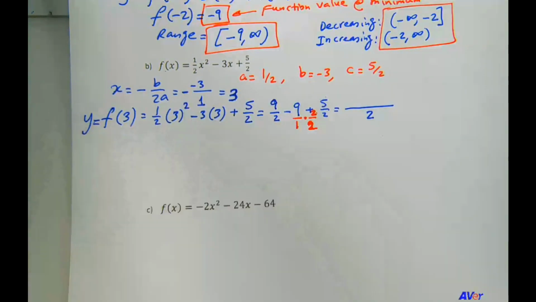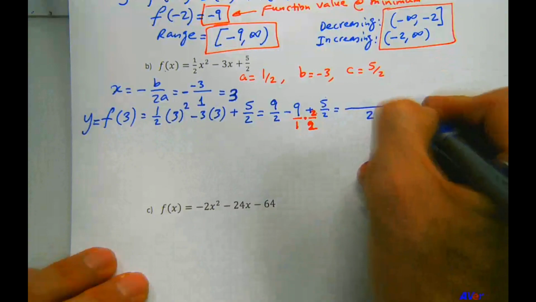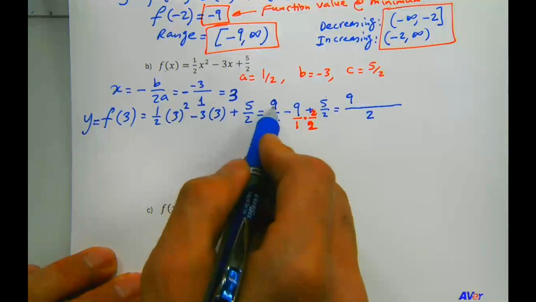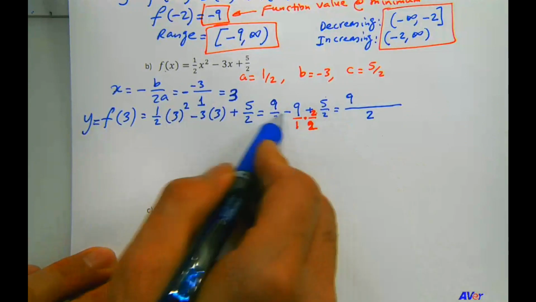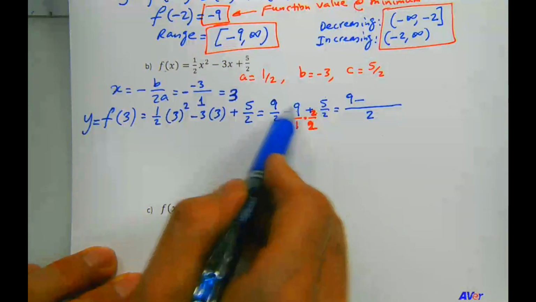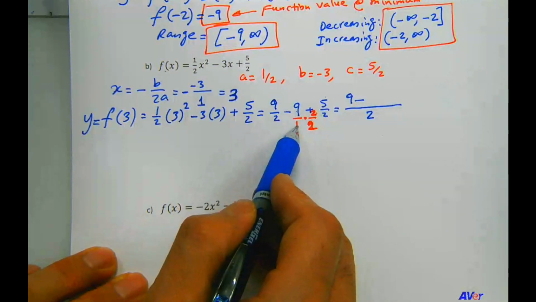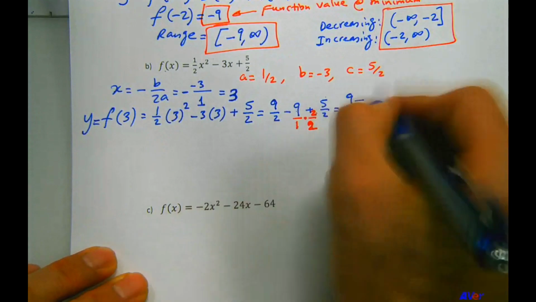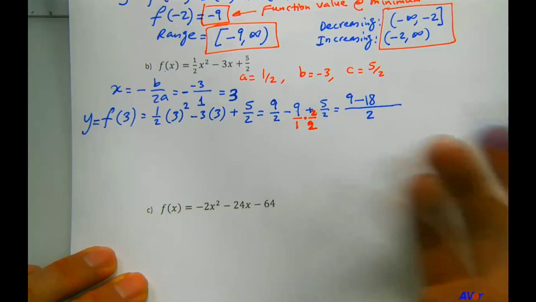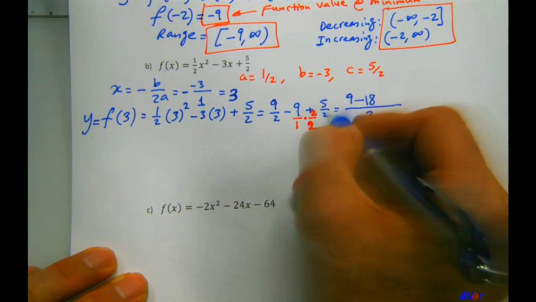Okay, what is that going to give us? Let's see. We didn't have to multiply this 9 by anything, right? So just 9 minus 9 times 2. We had to multiply the numerator and the denominator by 2. So 9 times 2 is 18. And 5/2 was happy too. So we didn't have to multiply this fraction by anything.